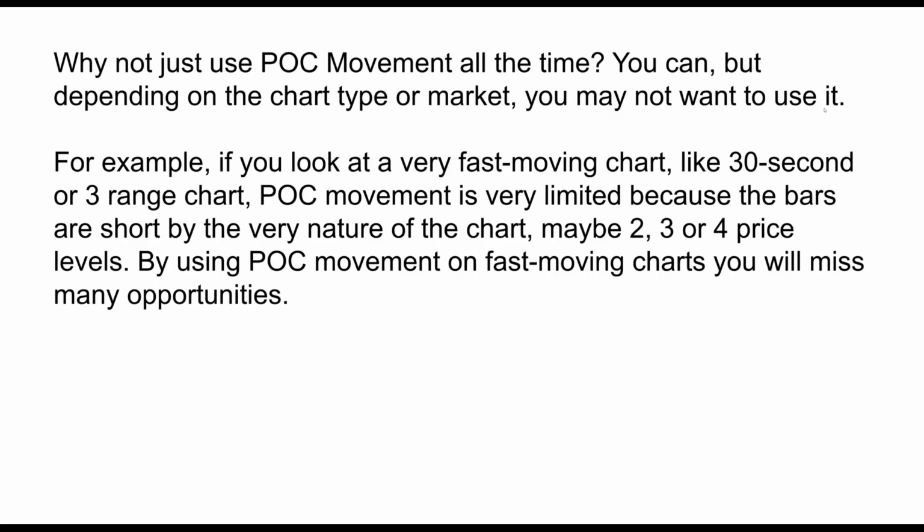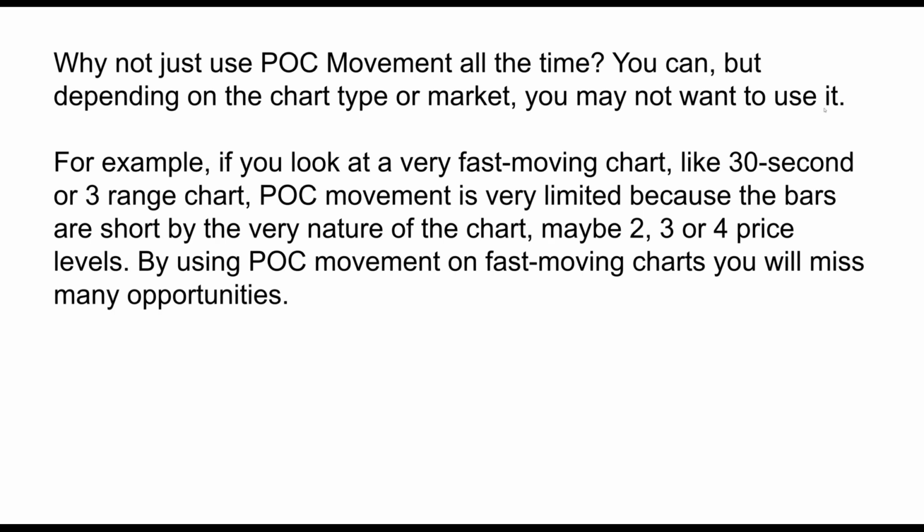So for example, if you look at a very fast moving chart, like say, again, I know a lot of guys that scalp that are interested in this tool. And if you're scalping on, say, a 30-second chart or a 3-range chart, POC movement is going to be very limited just because the bars are short by the very nature of the chart.